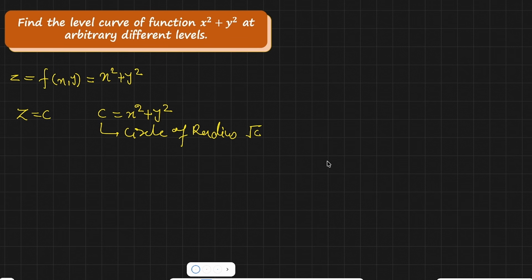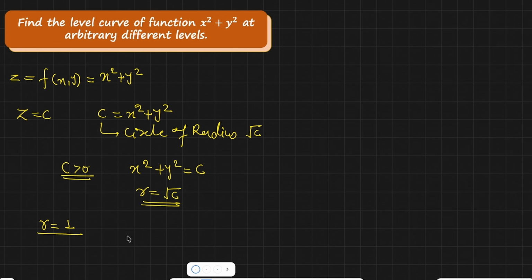Then different cases. If c is greater than 0, then x square plus y square equals c, which represents a circle, and now you can change the radius. Let's say r equals 1, then x square plus y square equals 1, which is nothing but a circle of radius 1.